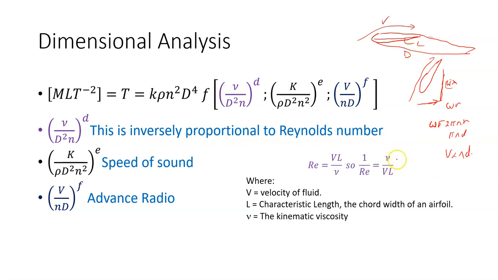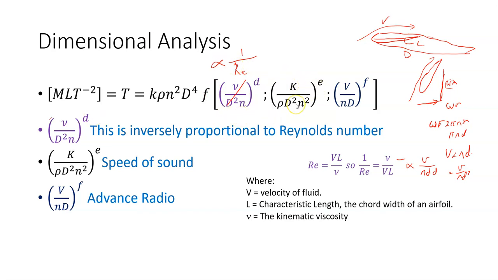So what I'm saying is this is really proportional to nu all over nd times d, which is nu over nd squared, which is what we have here. So this is really 1 over the Reynolds number. It's proportional to, or it's a function of, 1 over the Reynolds number.